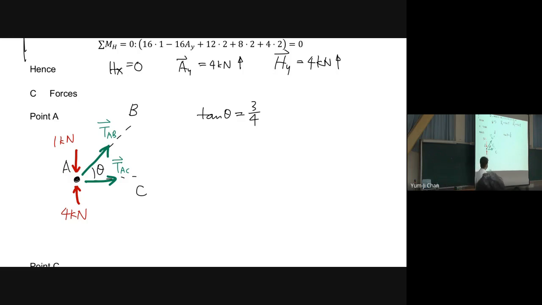Okay, now how many equilibrium equations can we write from this free body diagram? 2. Okay. Summation Fx equal to 0, and remember to the right: TAB cosine theta plus TAC equal to 0.